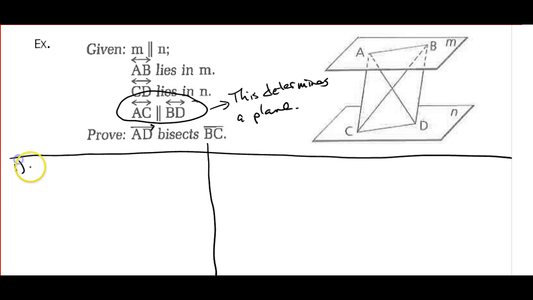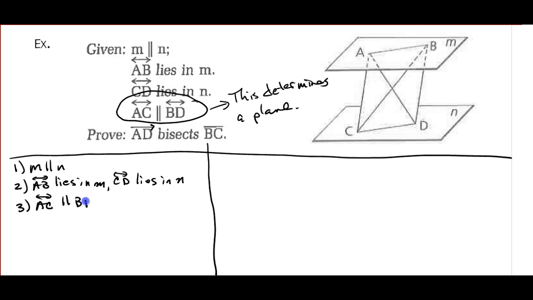So let's put the given information in here. We have M is parallel to N, and we've got that AB lies in M, and CD lies in N, and we've got that AC is parallel to BD. So these are all given.